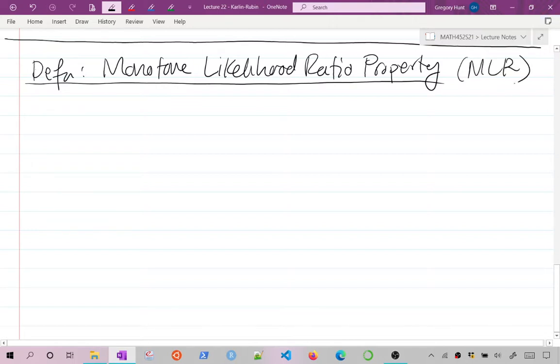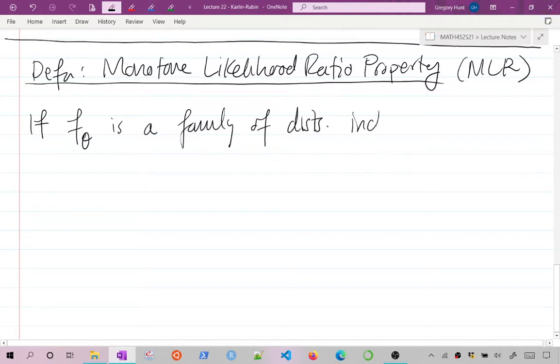Well, let's just write the theorem out. If f_theta is a family of distributions indexed by theta, right? So we have some collection of distributions indexed by theta. This is very common, right?